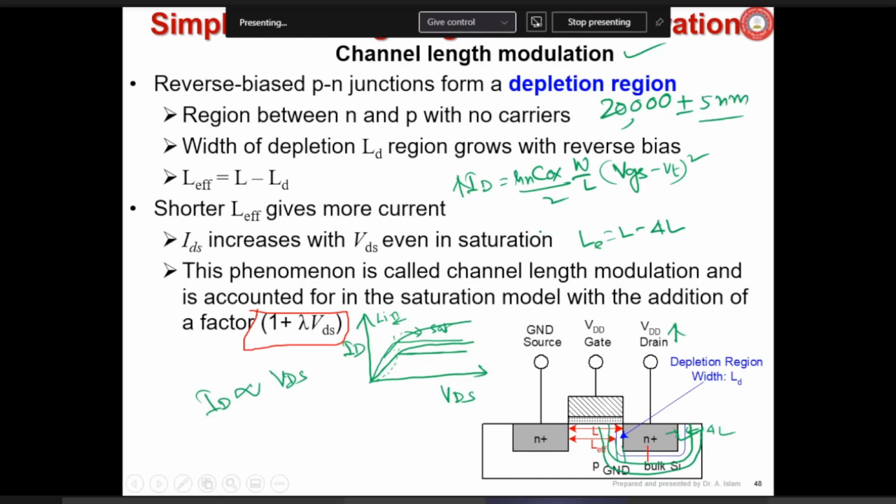The channel length is not going to make any difference. But if your channel length is nowadays 7 nanometer, or say 20 nanometer, then plus or minus 5 nanometer is a big thing. Are you getting my point? Yes, sir.